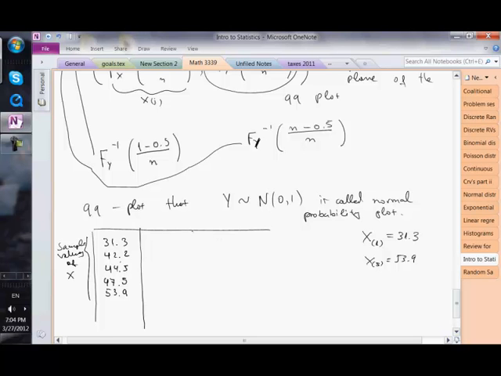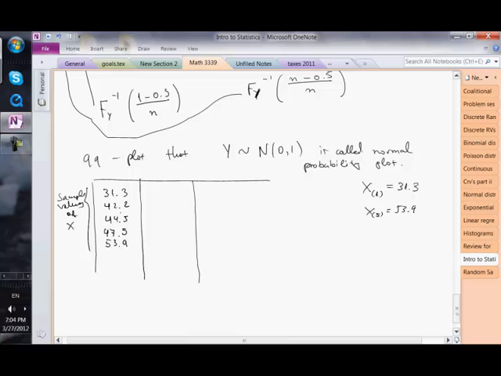Now, what I put here on the second column is actually the value (i minus 0.5) divided by 5, and i will run between 1, 2, 3, 4, and 5. So this is my 0.5 divided by 5. That gives me 0.1.